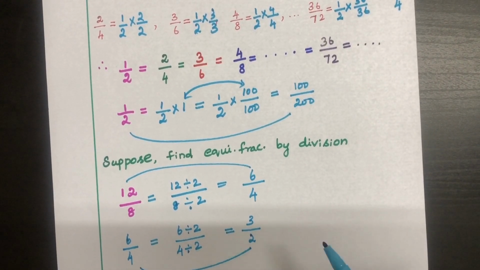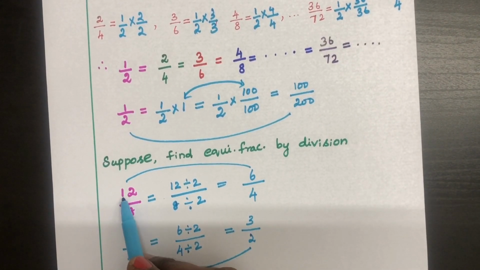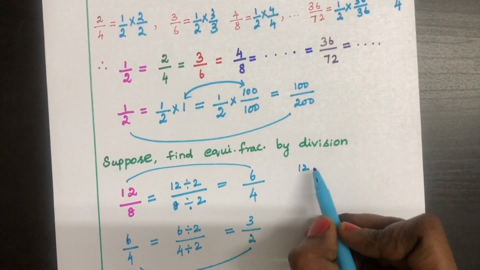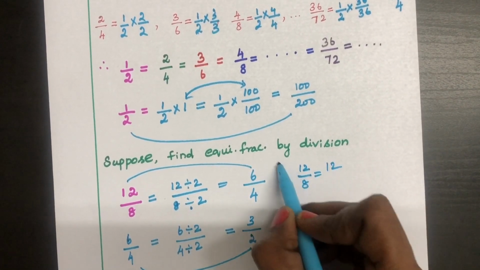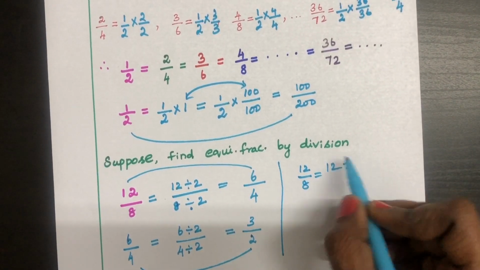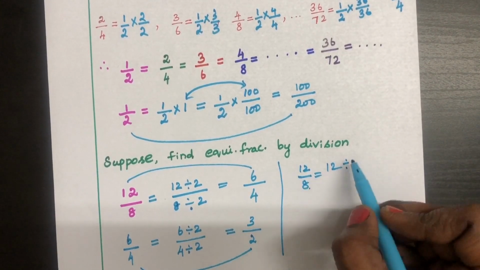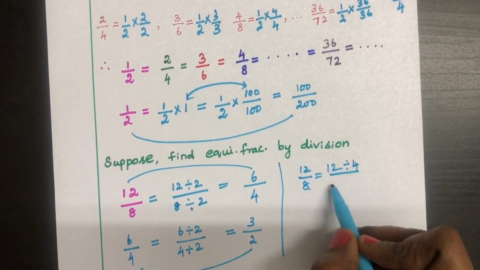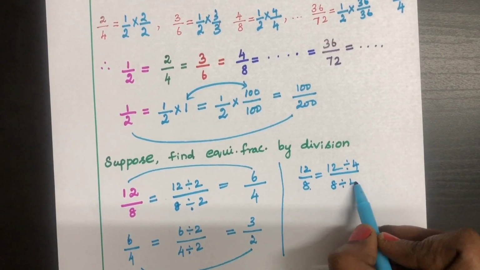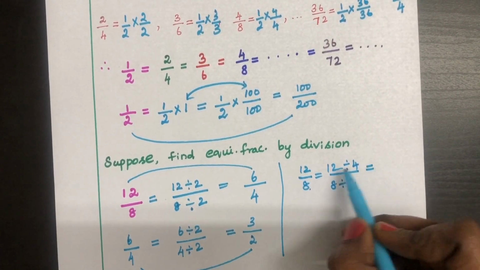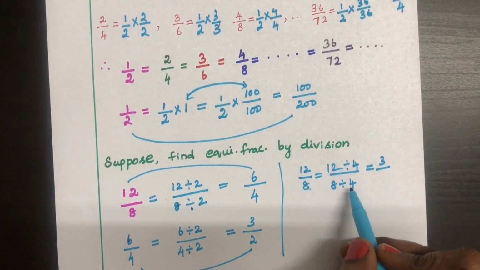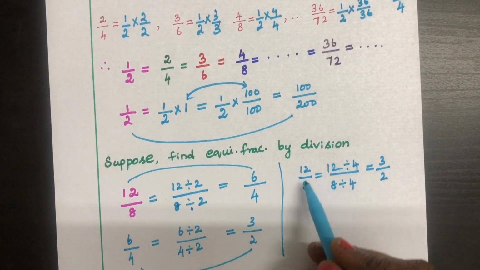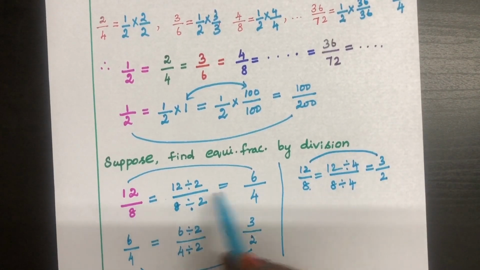So, directly also, you can use this 12 by 8 to find this 3 by 2. 12 by 8 is equal to 12 divided by 4, since even 4 can divide both, no? So 4 in the numerator, similarly 8 divided by 4 in the denominator also. So 12 divided by 4 is 3. 8 divided by 4 gives us 2. So all the 3 are equal.